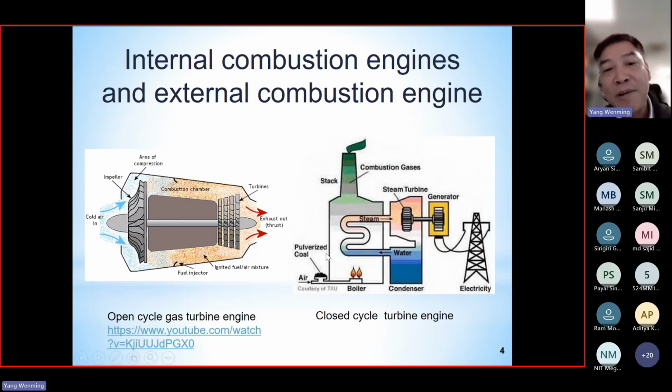Okay, so the second major difference: in the external combustion engines, we can see this one is a heat exchanger. However, in the internal combustion engines, we don't have a heat exchanger, correct? Another major difference is that the power density produced by IC engines is much higher than the external combustion engines.